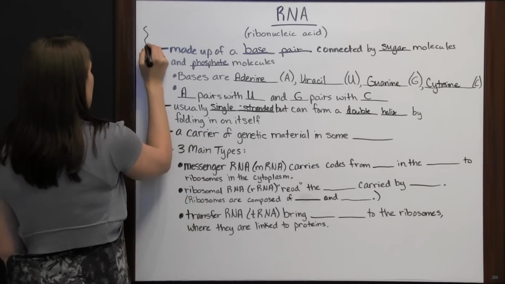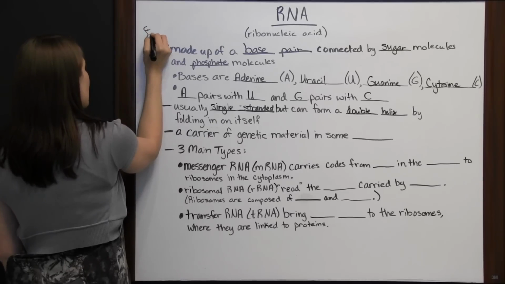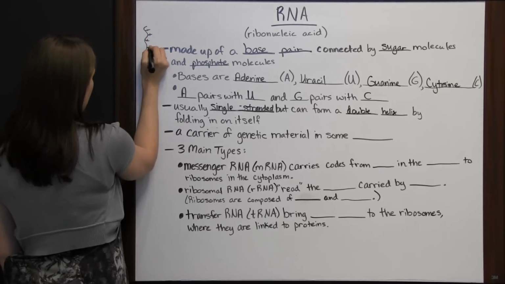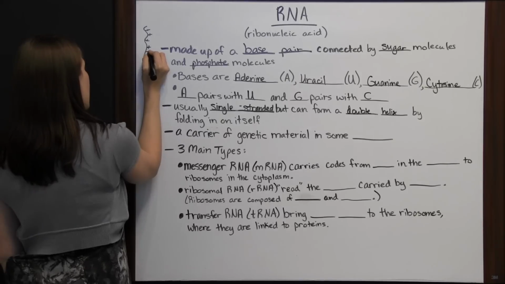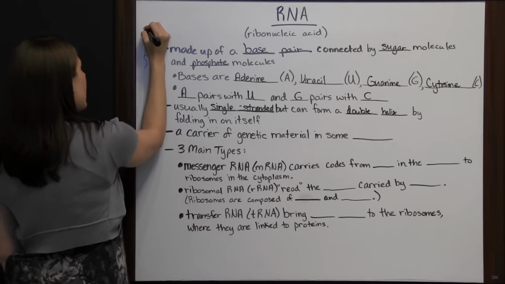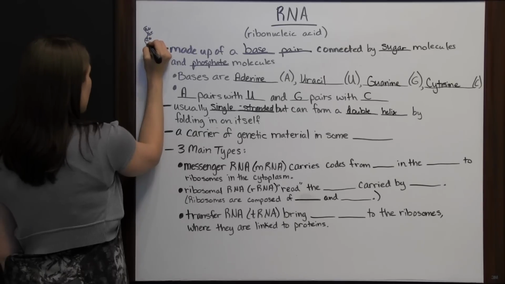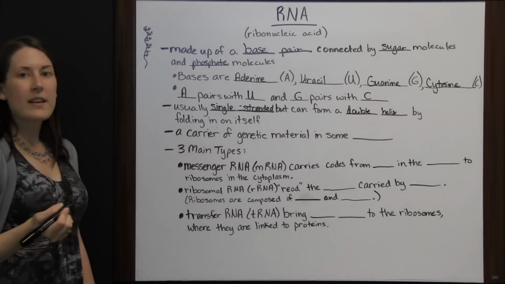So it may be like this. You've got your sugar and phosphate molecules, and then you've got your little base pairs coming off of it. And my little lines here are splitting it. So you would have adenine and uracil, guanine and cytosine, adenine and uracil, guanine and cytosine, all the way down.